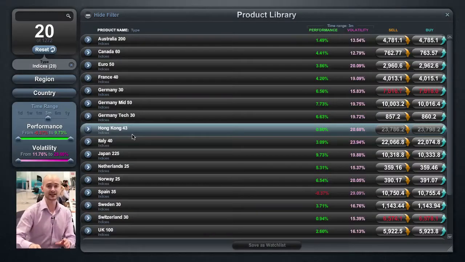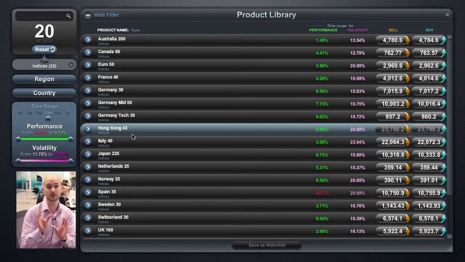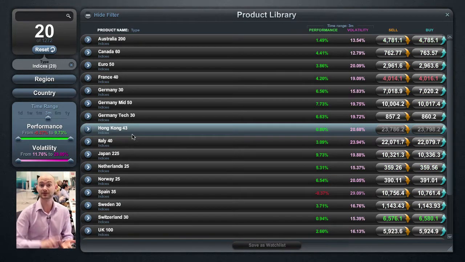If we look at the next area, which is indices, this is a very interesting place to look at in the future as well. Indices are products that basically cover an entire exchange. So we've got the UK 100, which is effectively the UK stock exchange. You've got the US 30, which is one of the biggest American stock exchanges. You've got the S&P 500, the Japan 225, the German 30, the French 40.